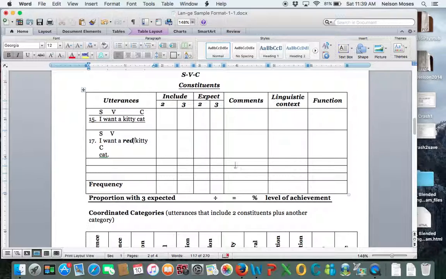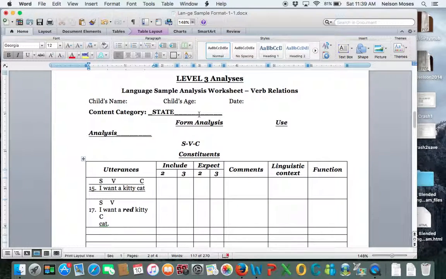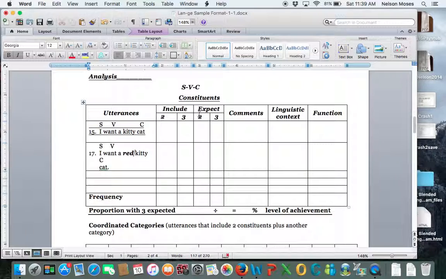Okay? Now, while we're on the Level 3 analysis sheet, I draw your attention to these four columns, 2 included columns and 2 expected columns. What does include and expect refer to?